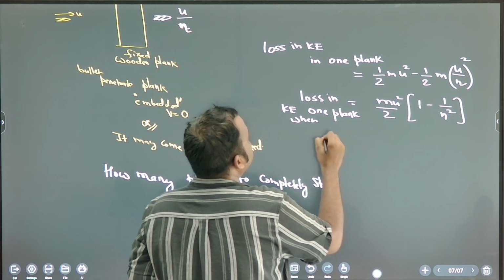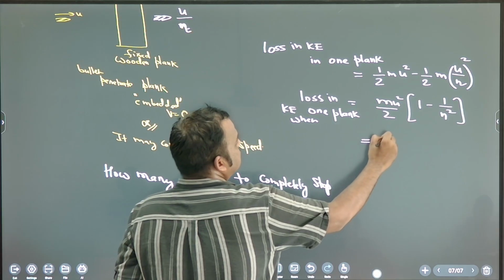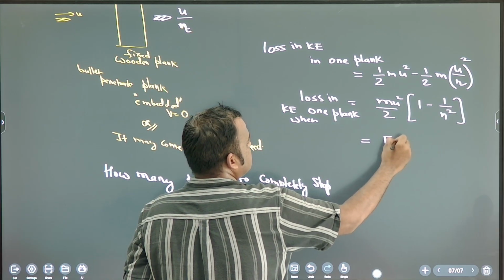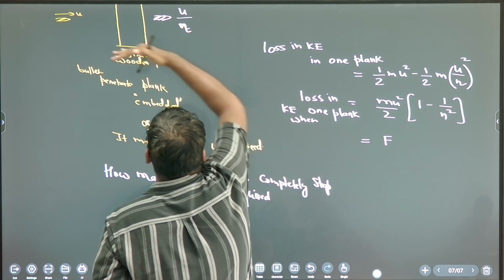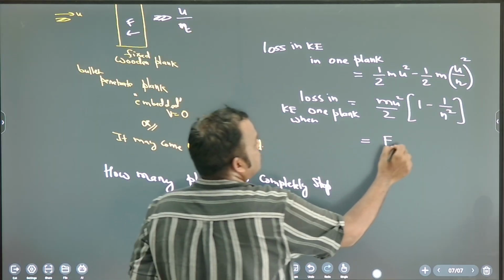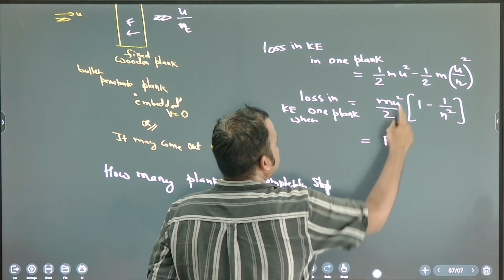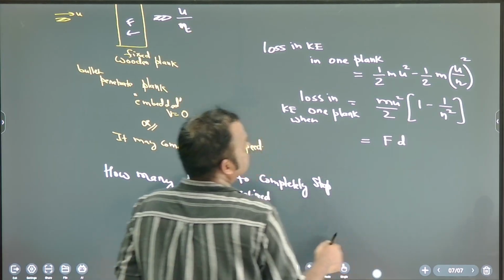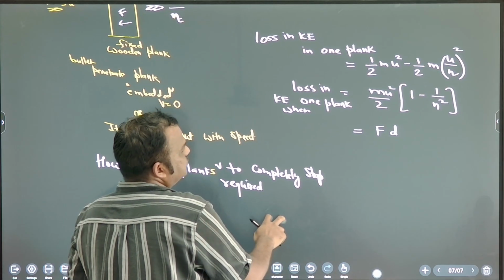So that is equal to the work done by a force. Suppose the retarding force is F. So this is equal to F d.